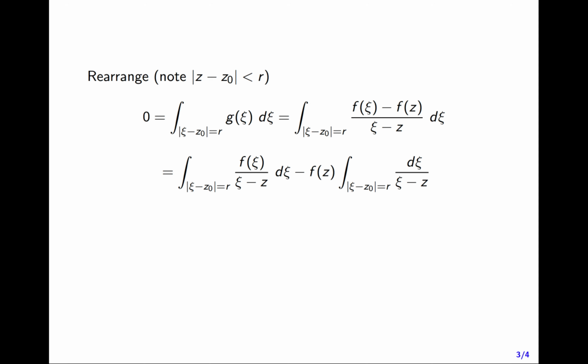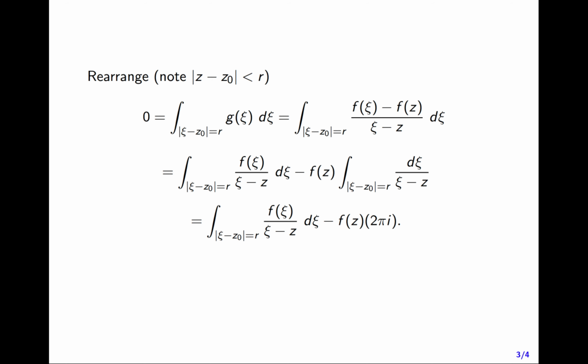Now this first integral, f of c over c minus z, we can't do anything really with that, but we don't want to. We want an integral that looks like that in our final answer. But what about this integral over the circle of dc over c minus z? We know what that integral is. We've calculated it before. That integral is 2 pi i.